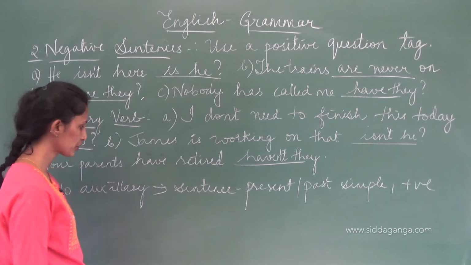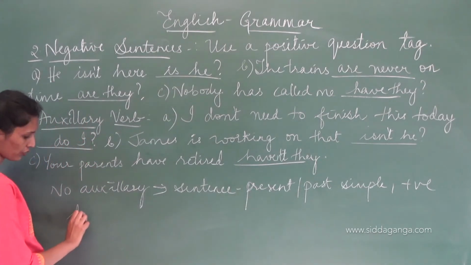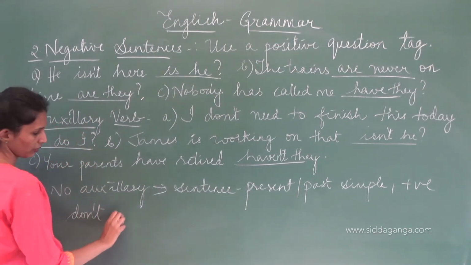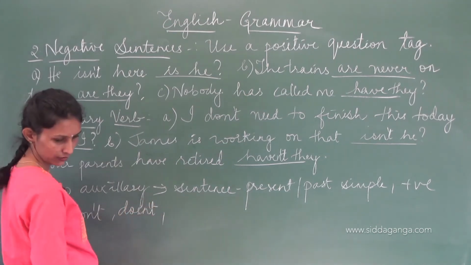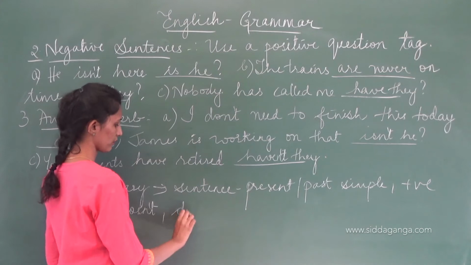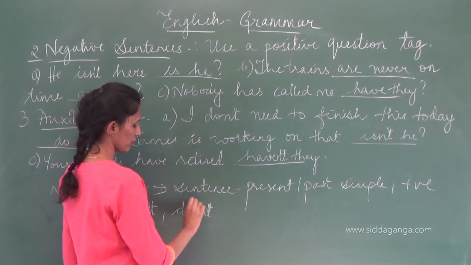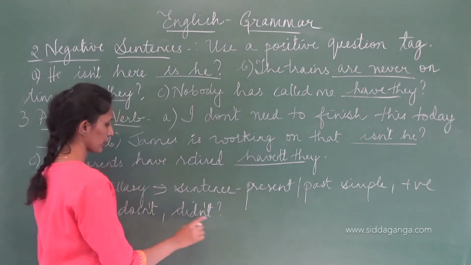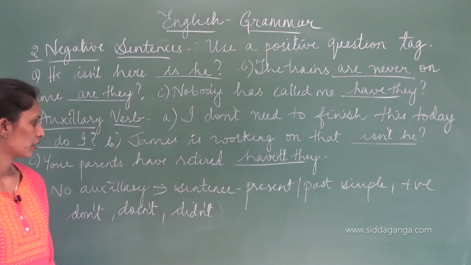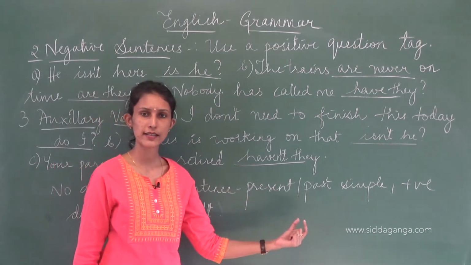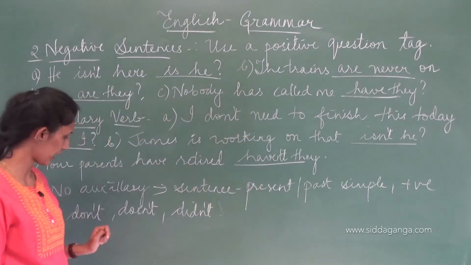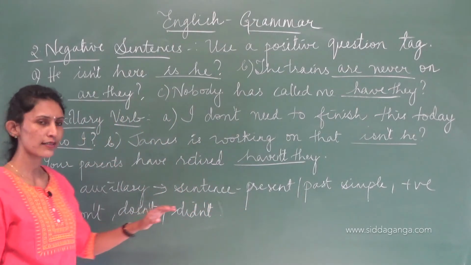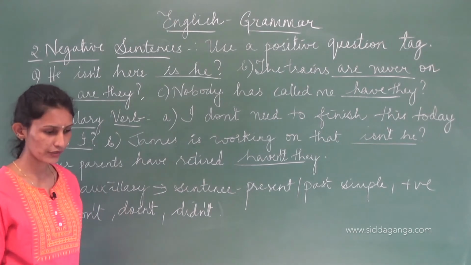You use question tags like don't, doesn't, didn't. So when there is no auxiliary, when the sentence is in present simple or past simple and the sentence is positive, you use question tags like don't, doesn't, didn't. Now I'll show you examples.